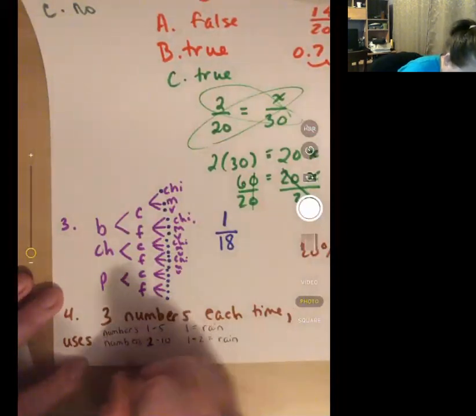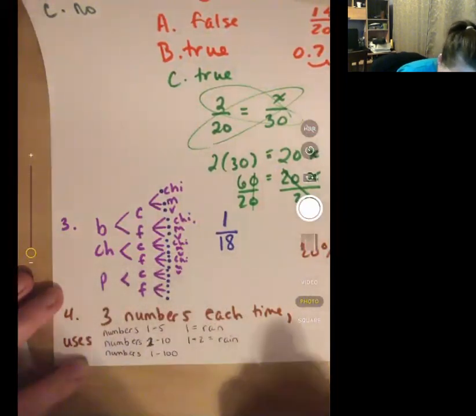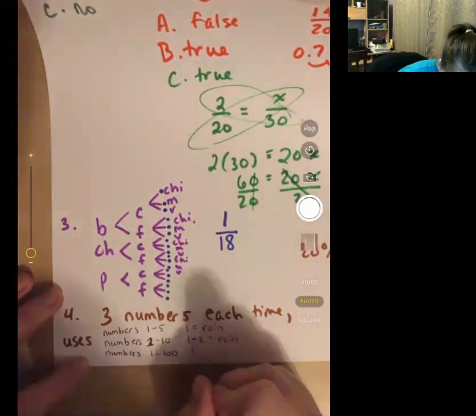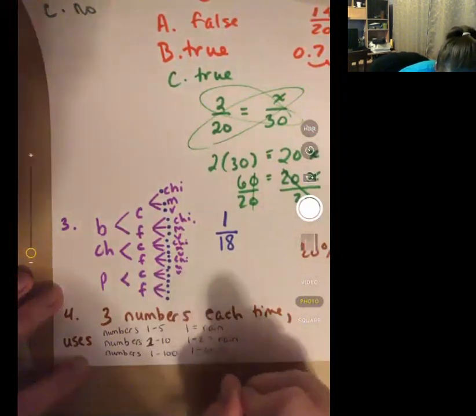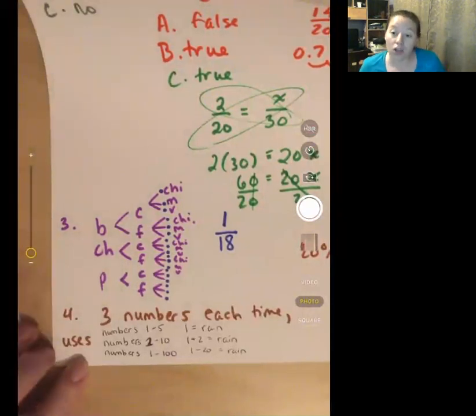Numbers 1 through 100, 1 through 20 equals rain. All 3 of those work. All 3 of those will give you the results that you are looking for. All 3 of those are correct and will answer the question.